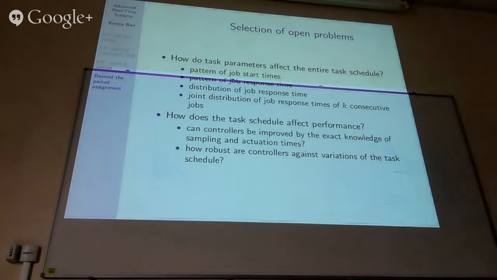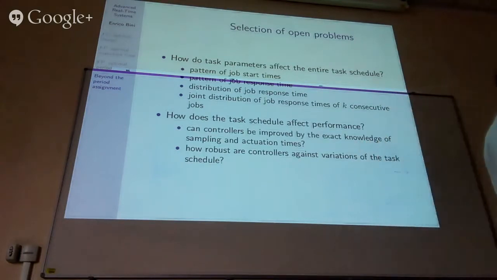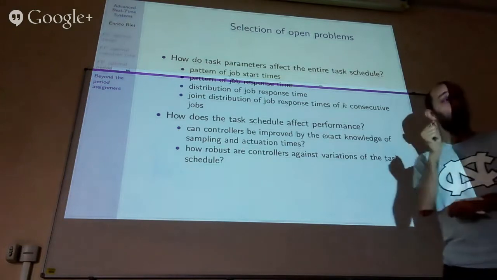Can the design of the controller be improved by knowing the exact pattern? And how robust is the controller to variation in the task schedule? If a small variation in task parameters changes the response time pattern by a lot, how sensitive is the controller design to this variation?